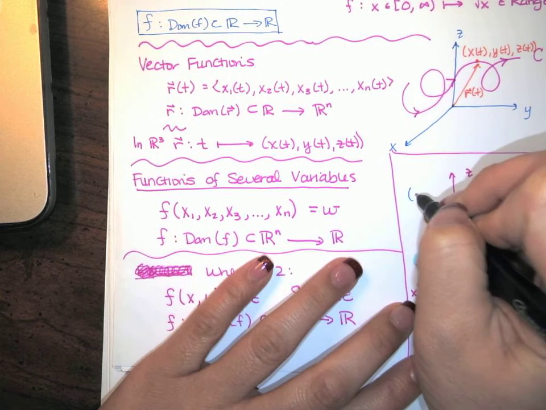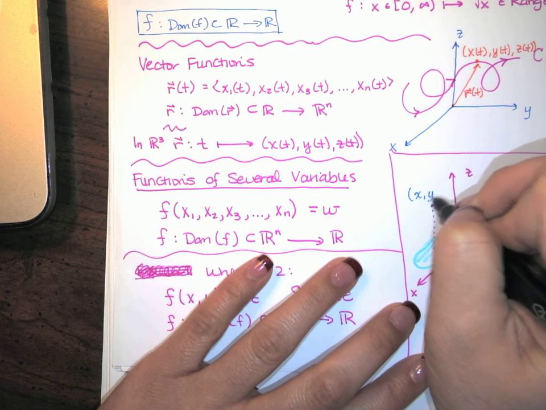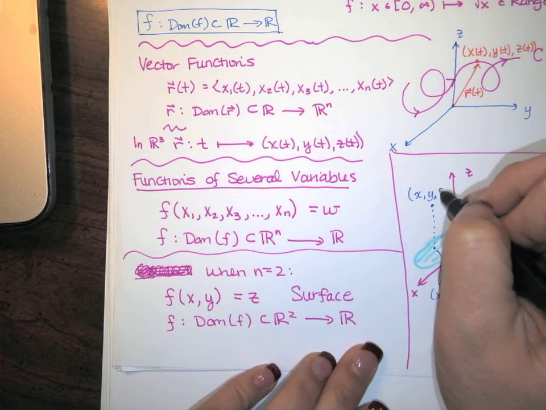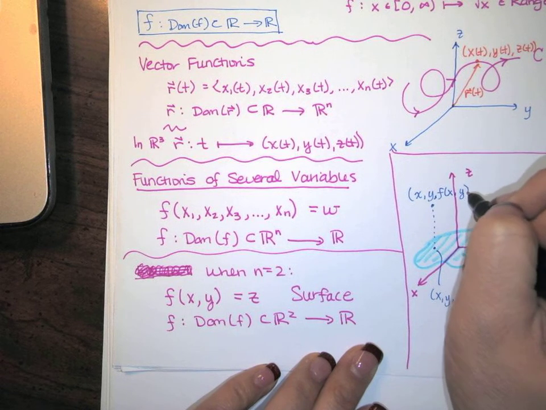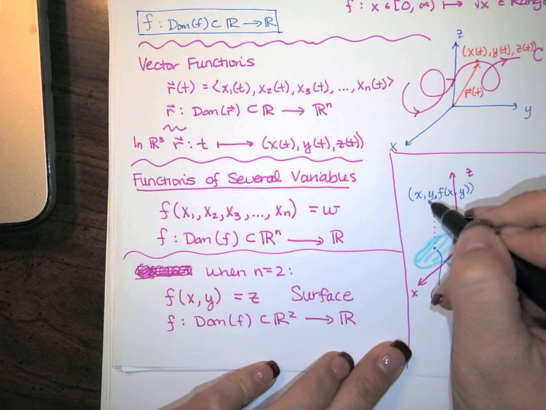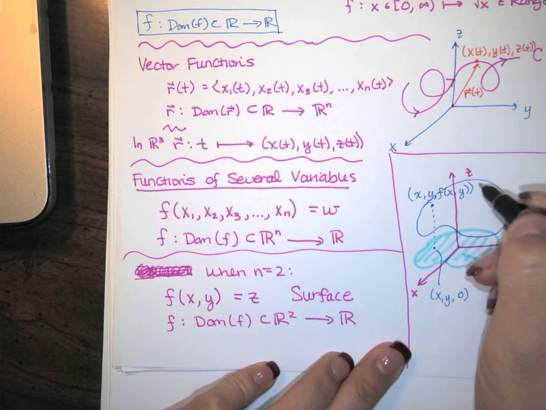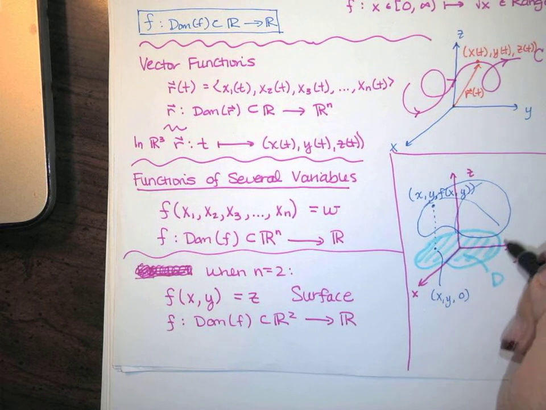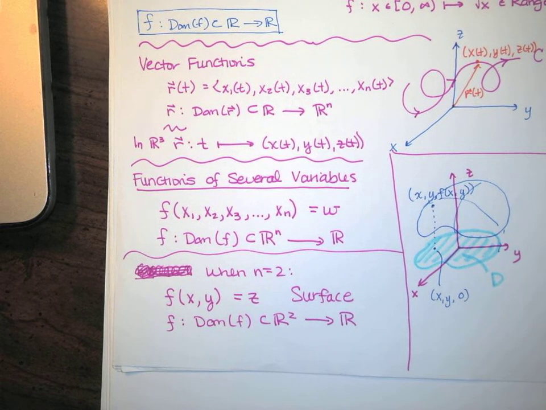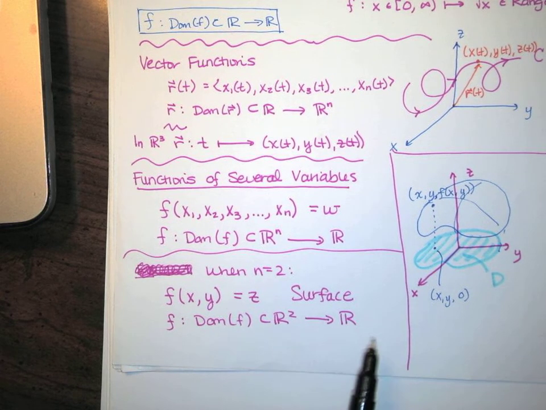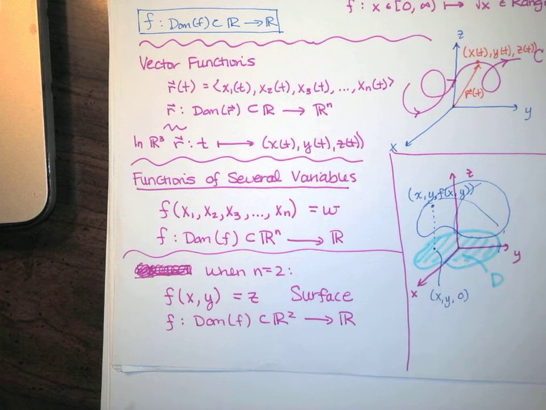Well, I'm going to map that to the point x, y, and z equals f of x, y. And when I do that for all of the points in D, I might have some surface up here. Don't really know what it looks like. I just tried to give some sense that it was hovering over D. But that's the idea: we're taking some point in the xy plane and mapping it to a third variable.